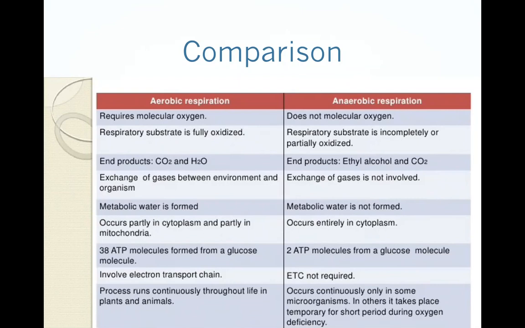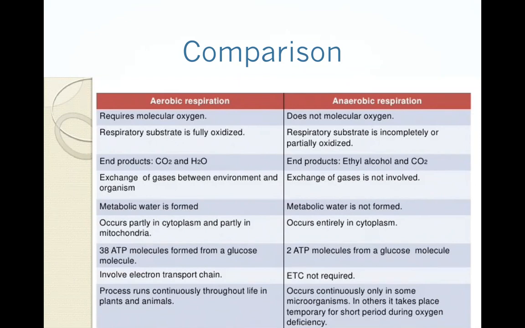Total 38 होते हैं, लेकिन उसमें से 2 consume होने के बाद 36 बच जाते हैं जो कि हम store कर लेते हैं. So that's why we normally say 36 ATPs. While in case of anaerobic respiration, only 2 molecules of ATP are formed from one single glucose molecule.